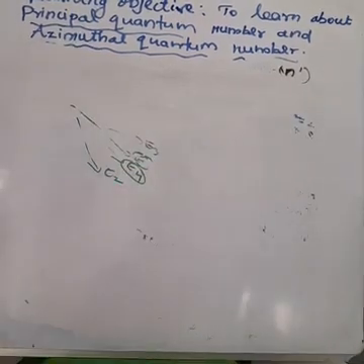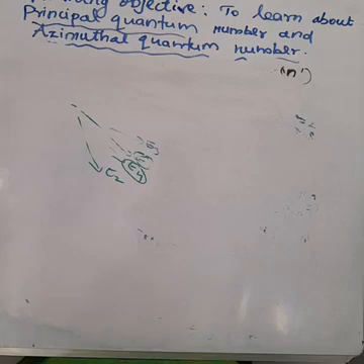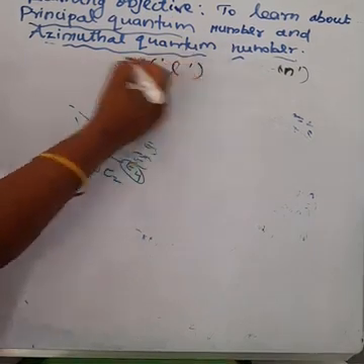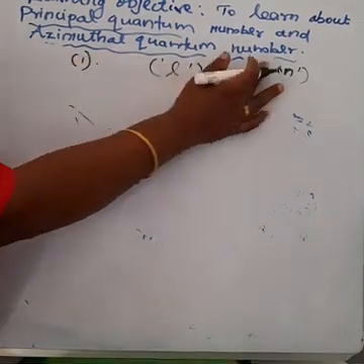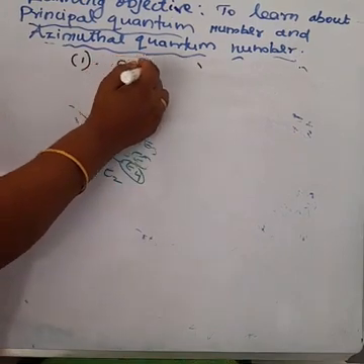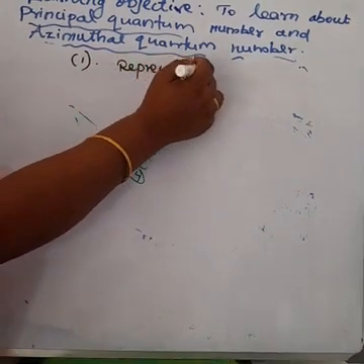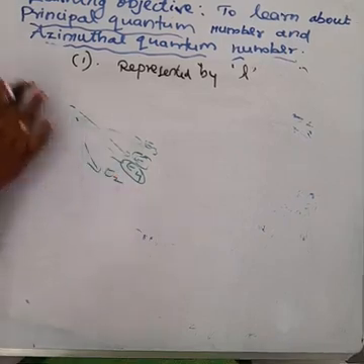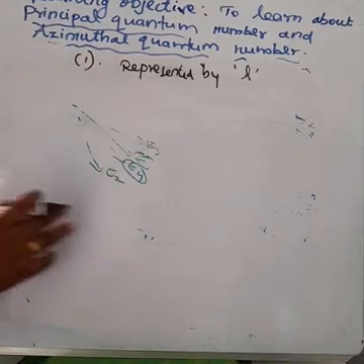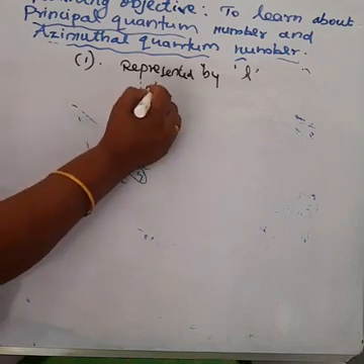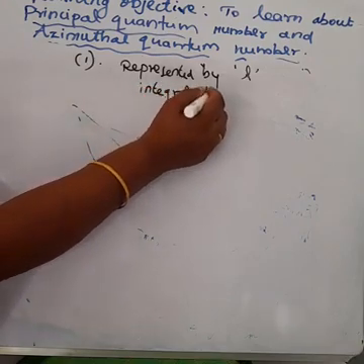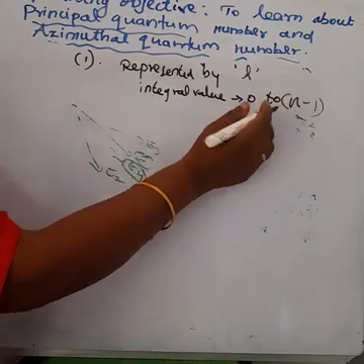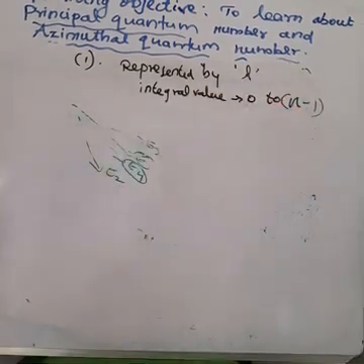The azimuthal quantum number is represented by the letter small l, and it can take integral values from 0 to n minus 1.